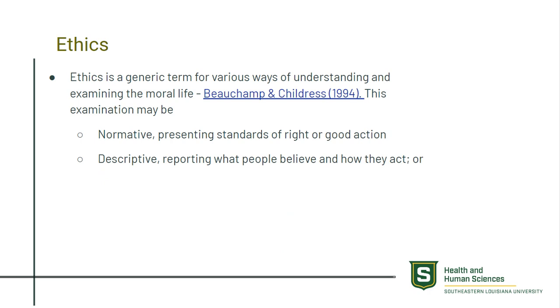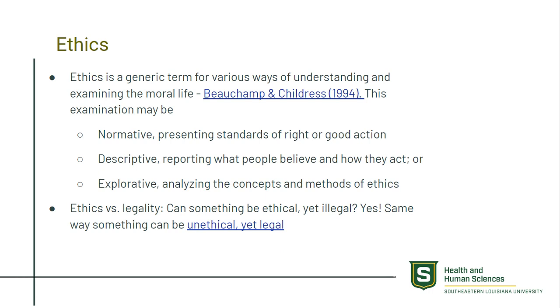It could also be descriptive, in the sense that you're reporting what people know and how they act, and using those to make a case of whether a thing is right or wrong based on that. It can also be explorative, in the sense that it's analyzing the concepts of ethics and the method by which ethical decisions are being made. So those are the different ways that you can look at ethics.